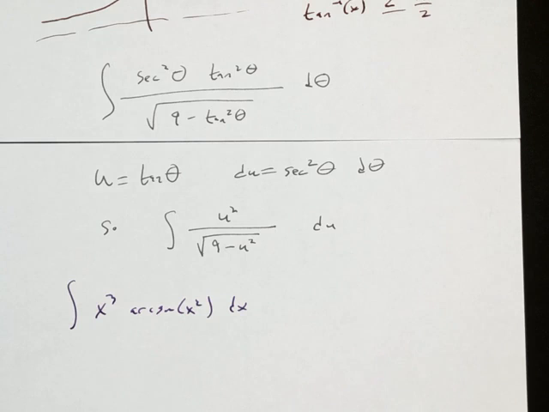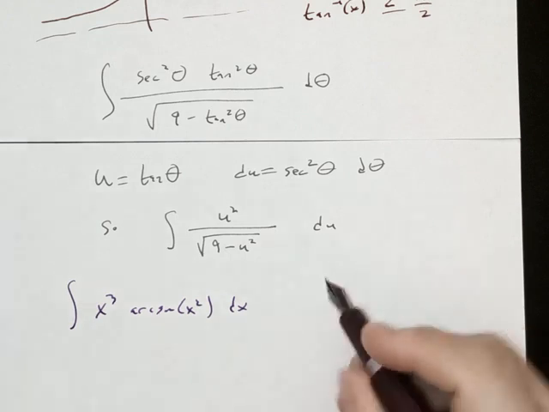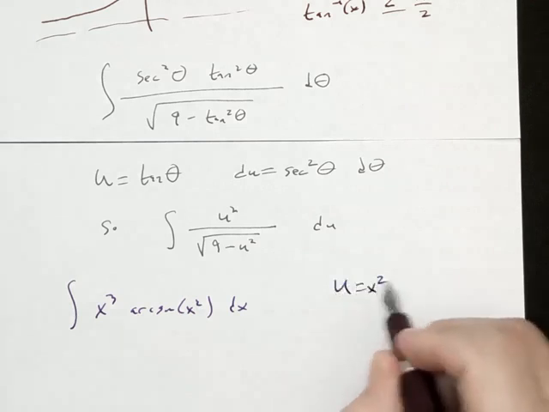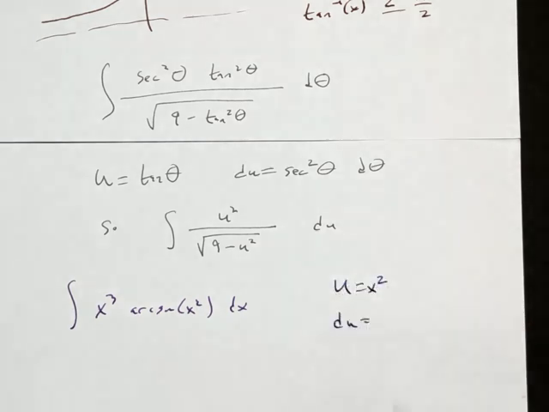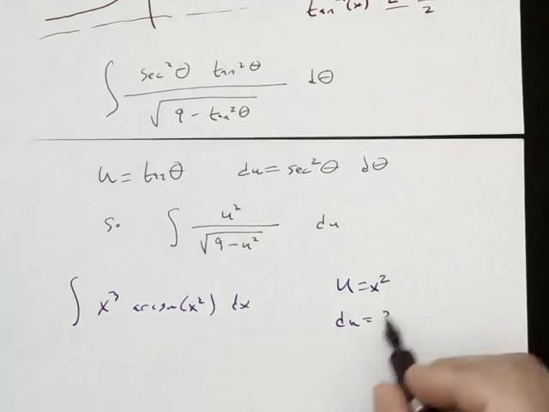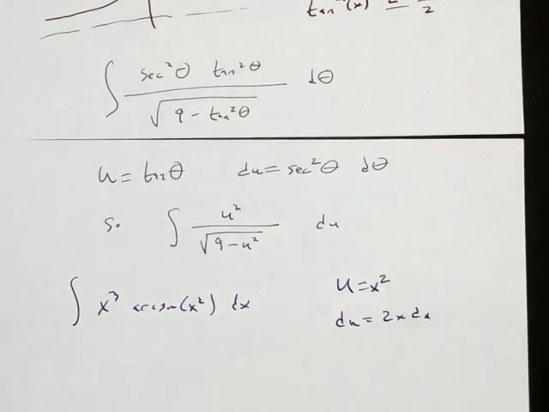That should be my u substitution. If that's true, what's du? I don't have an x with my dx, do I? But I have 3 of them sitting out front.